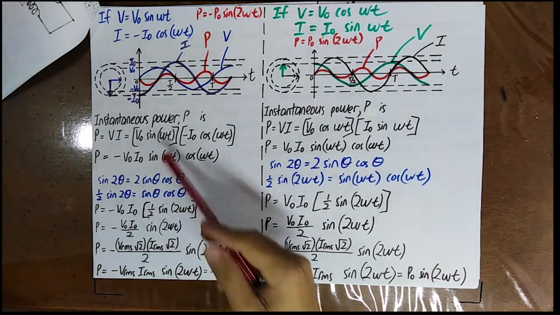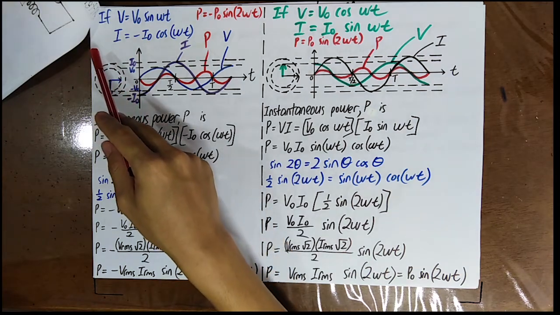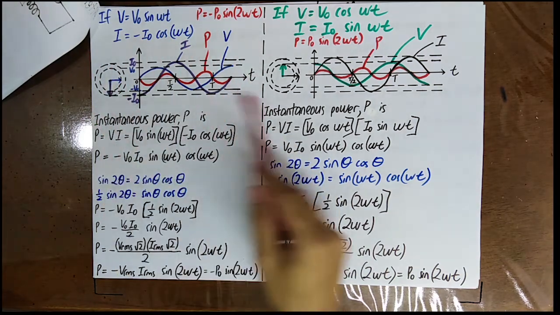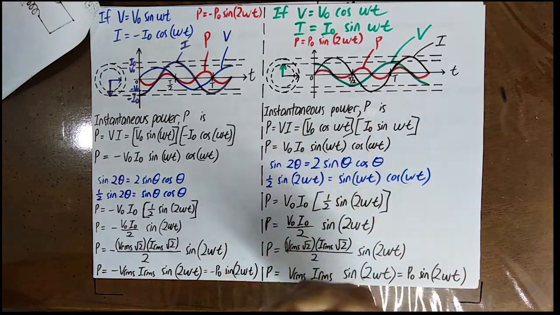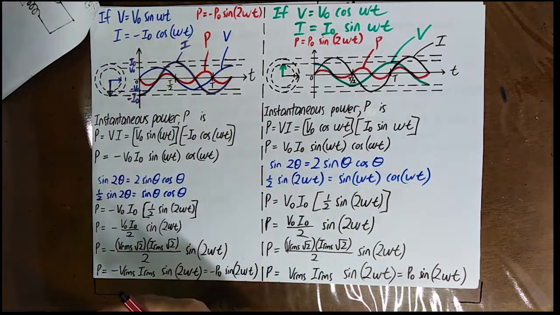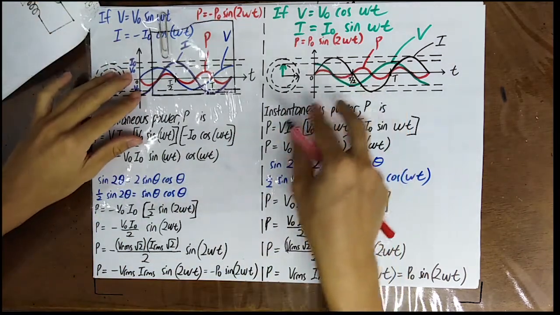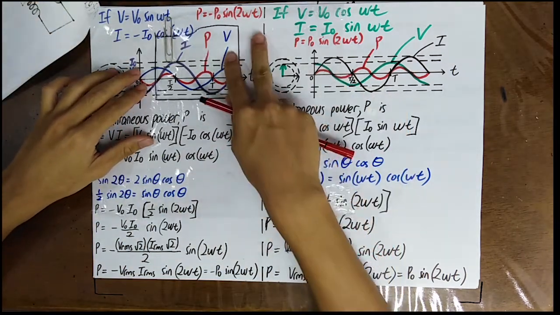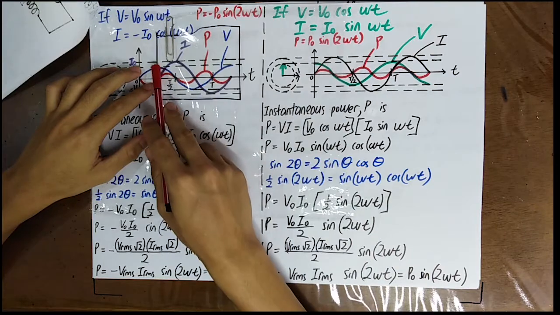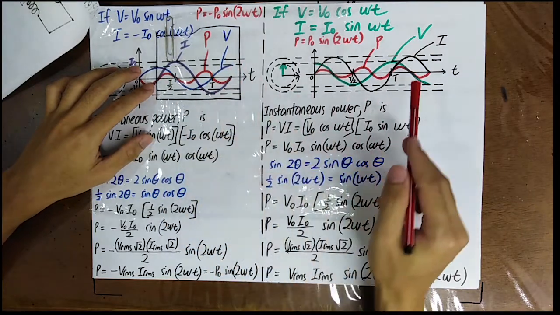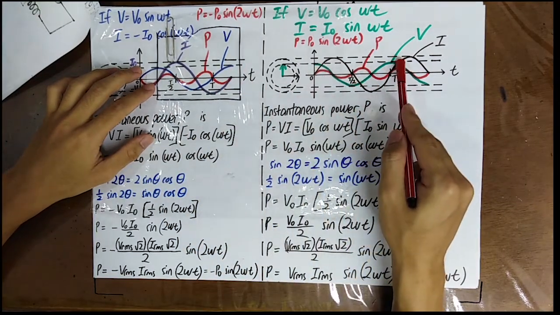And then the purpose of me doing these 2 graphs is that I want to let you guys know that it is really the same. Because if you look at this, when the voltage is like this, the voltage is like this.